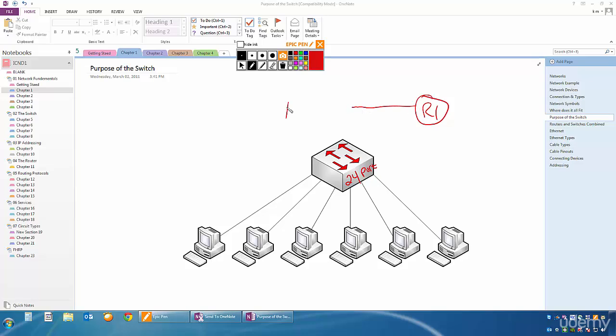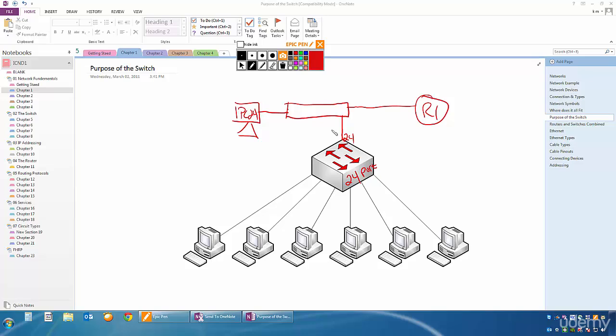Now, if that router takes up a port, how would I fix that problem then? Well, that means I would actually have to get another switch, plug that switch into this, plug that 24th PC into here, PC 24, plug it into here, and there we go. So now this will be port 24 on this switch. This will be whatever port you want.